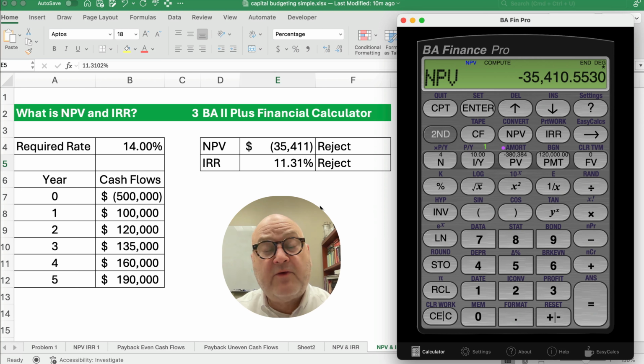So we would reject because we're not getting a 14% rate of return, we're only getting 11.31. If we change the required rate, internal rate of return is not affected, but net present value is affected. So in this case, if you require 14%, you reject, and both signs point in the same direction. At 10%, remember, we would accept.